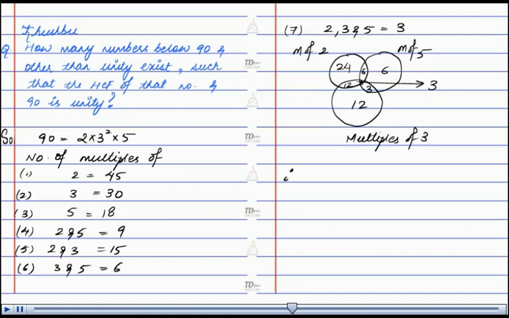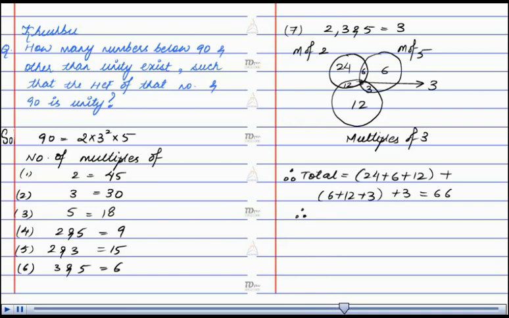Therefore, total will be 24 plus 6 plus 12 plus 6 plus 12 plus 3 plus 3, which comes out to be 66.